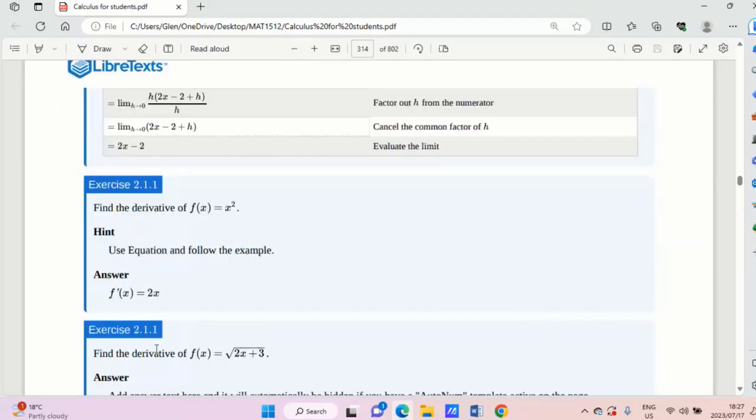Now, Alvin, you are number one here. Do you see this? Yes, Exercise 2.1.1. I see it, sir. Please find the derivative of f of x, which equals the square root of 2x plus 3.